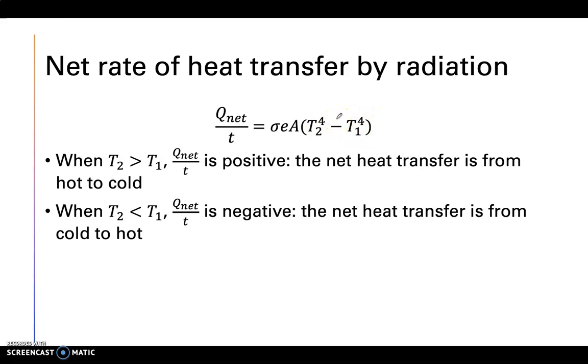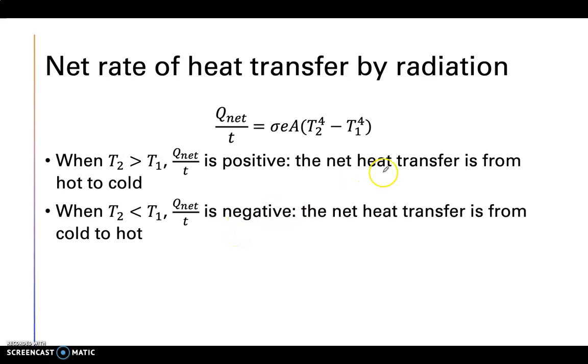I wanted to note a couple of things. When T2 is greater than T1, the rate of heat transfer is positive, and the net heat transfer is from hot to cold. When T2 is less than T1, this would be negative, and the net heat transfer is from cold to hot.